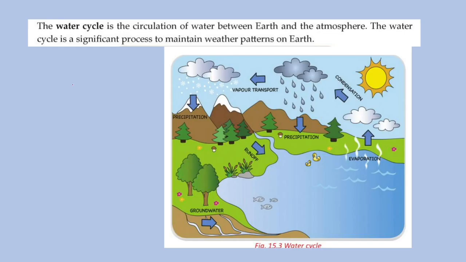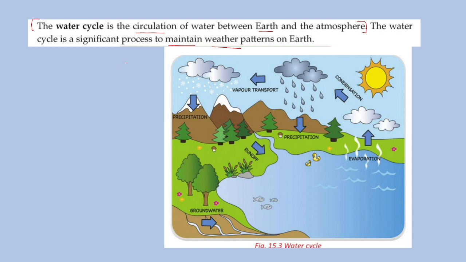What is water cycle? Water cycle is circulation of water between earth and atmosphere. The water cycle is very important to maintain weather pattern on earth and also to maintain the water balance on the earth.